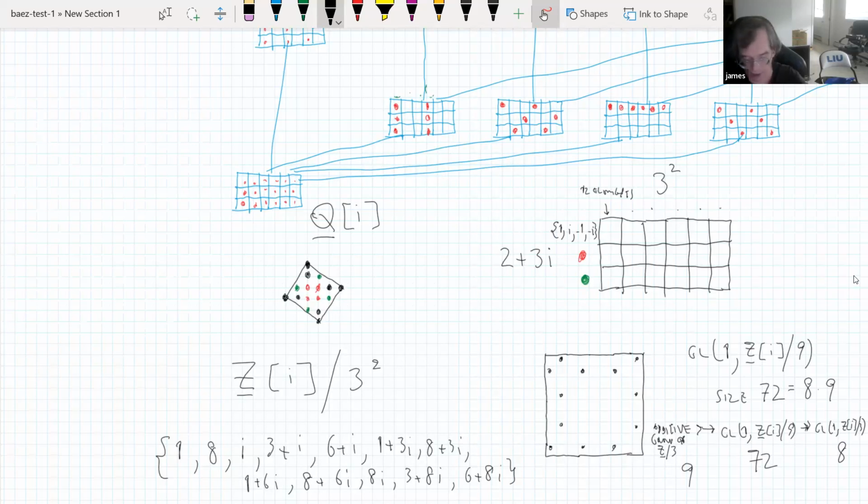So it's a Gaussian congruence pattern, and you can see it looks like one, right? It's superimposed over a copy of the Gaussian integers or something like that, which is this graph paper. The modulus of this Gaussian congruence pattern is 9, as opposed to this other Gaussian congruence pattern, where the modulus was 2 plus 3i.